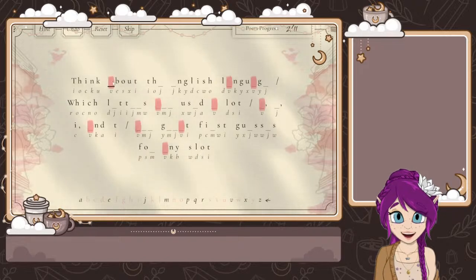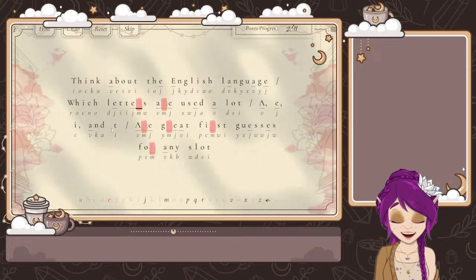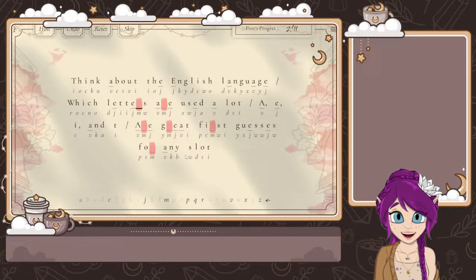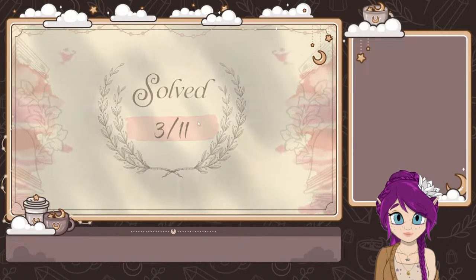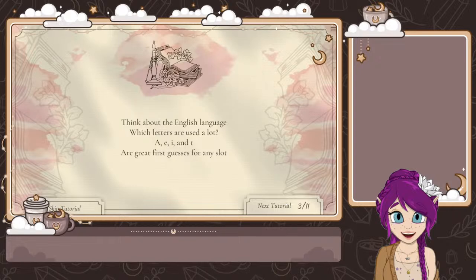Think about the English language. Which letters are used a lot?